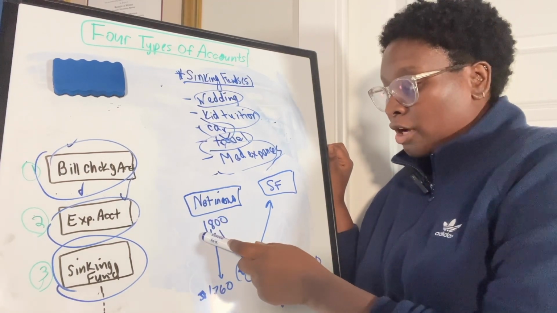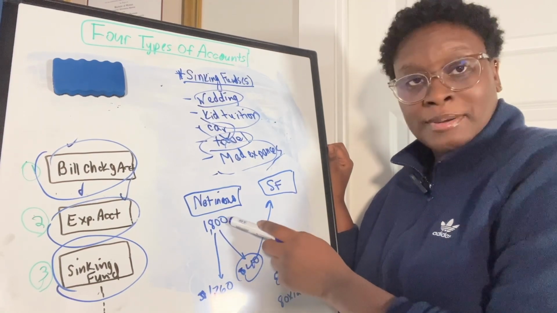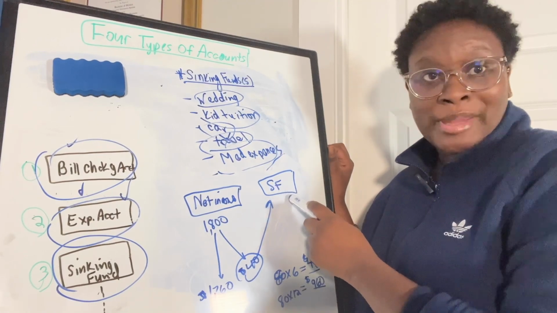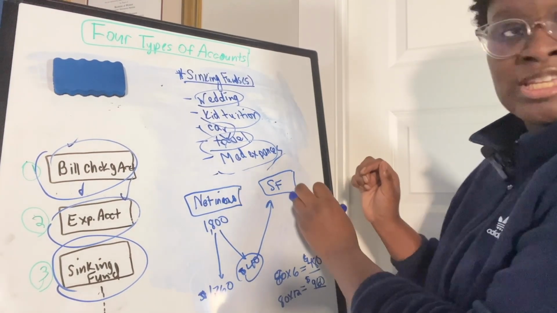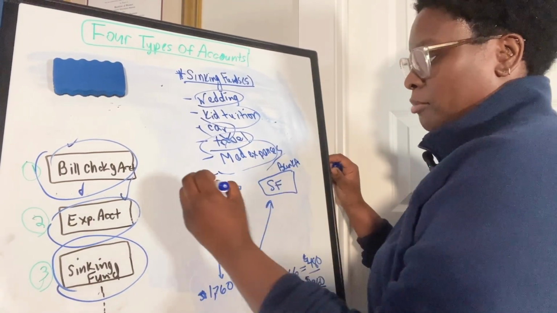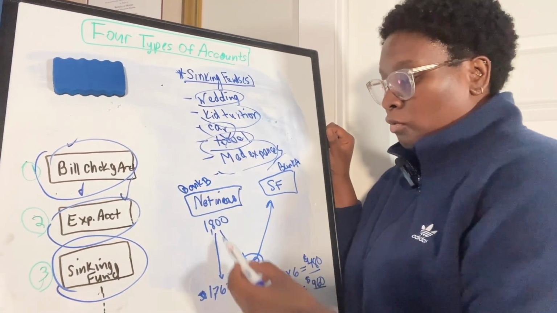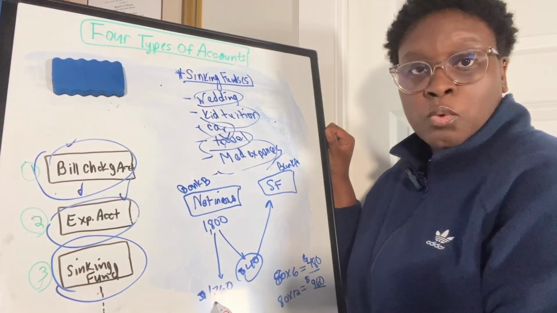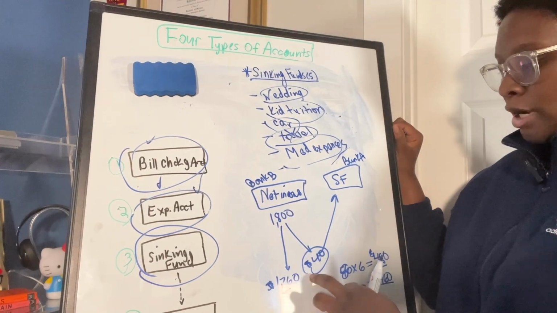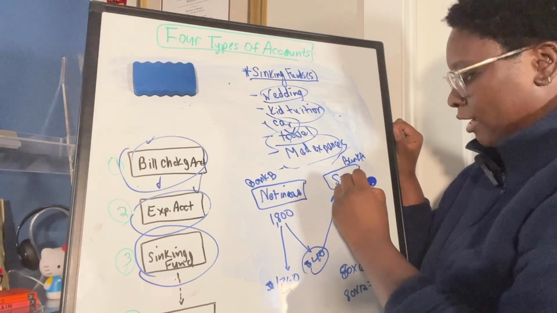When you get $1,800, say you tell your employer, hey, I want you to take $40 out of the net income and put it as a direct deposit to Bank A, so that you have a sinking fund, and this is Bank A, and your check gets deposited into Bank B. So really, your take-home pay is $1,760, which is minus the $40, and the $40 is now deposited in the sinking fund.